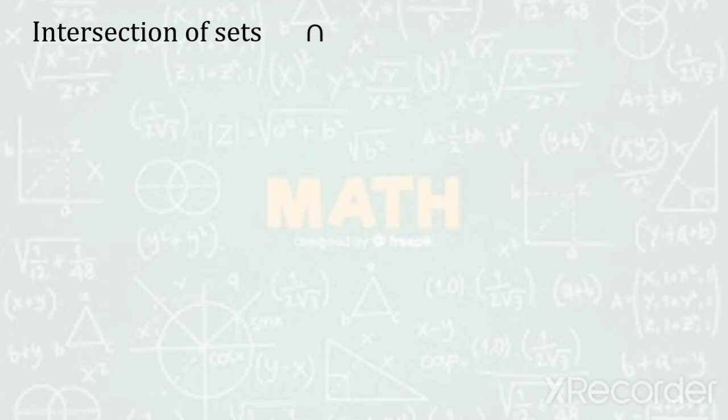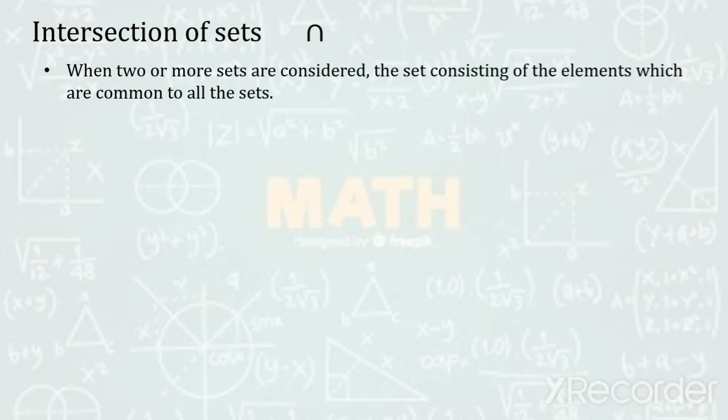Then intersection of sets, the most important part. When two or more sets are considered, the set consisting of the elements which are common to all the sets. So you can easily remember this by the word common to all sets. Sometimes they use the word 'and' to represent this. Here A = {2, 4, 6, 8}, B = {2, 3, 5, 7}. I have taken these two examples to show A intersection B as {2}.